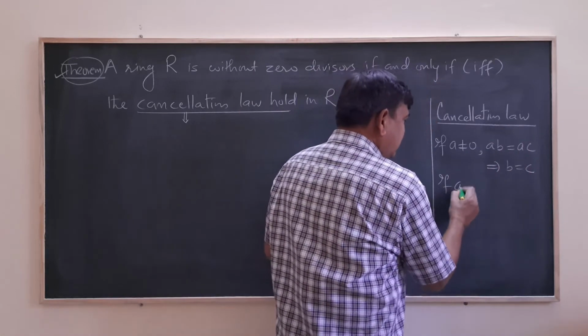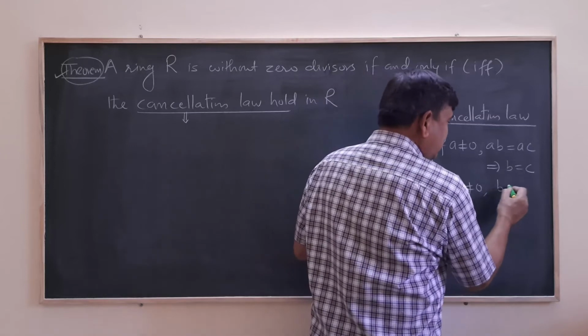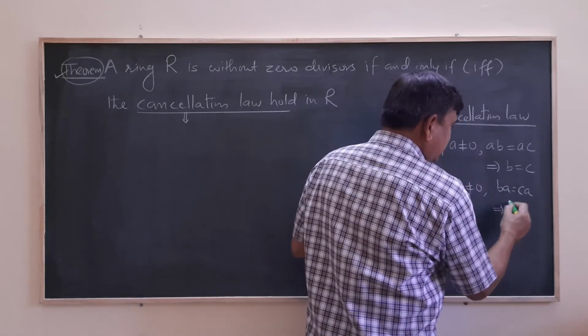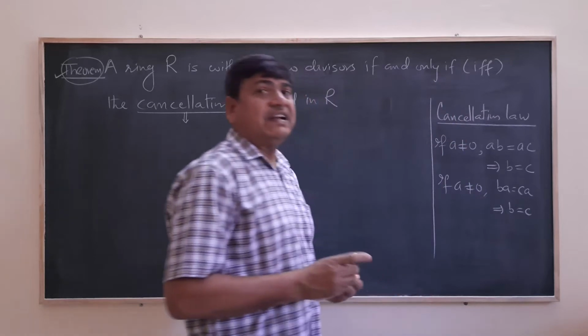And if A is not equals to 0, BA equals to CA implies B equals to C. Right cancellation law.